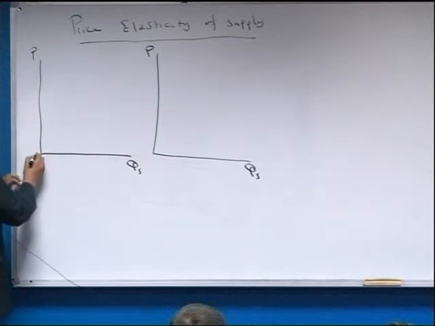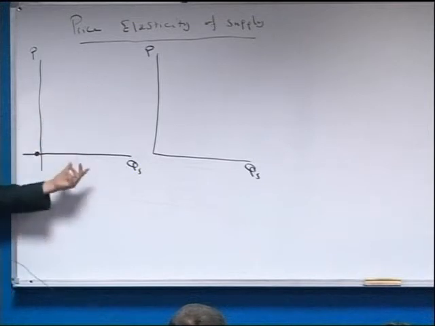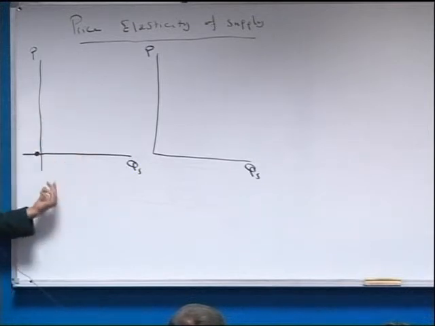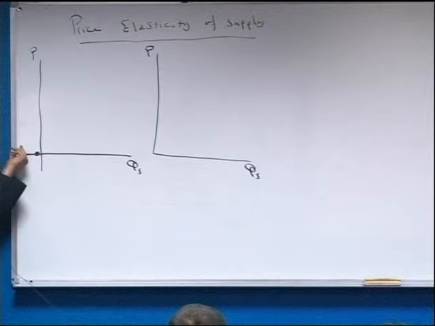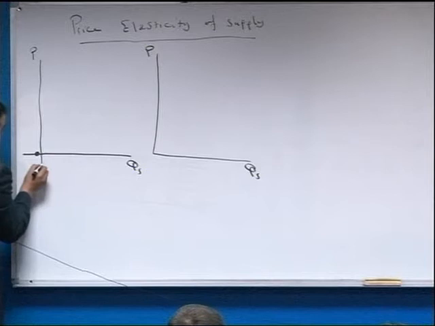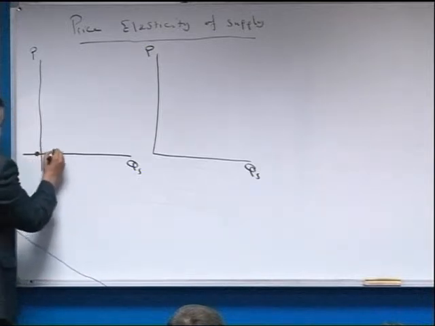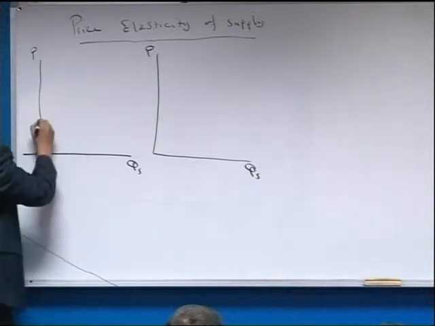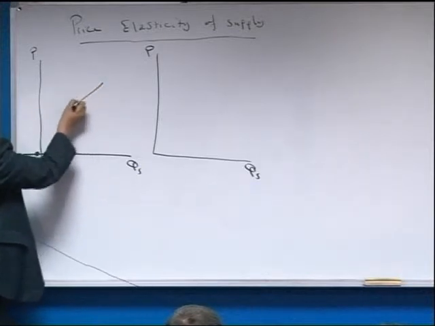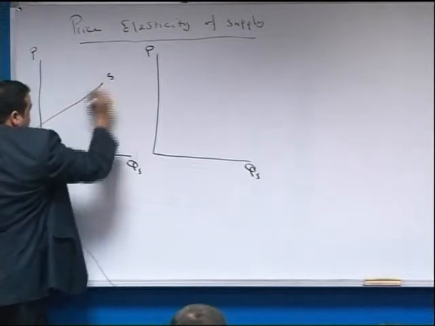In the first case, this is the origin. We have 4 sides: positive P, positive QS, negative P, negative QS. Number 1, if supply intersects, this is the supply curve, S.